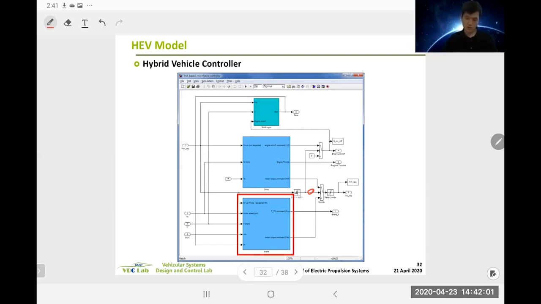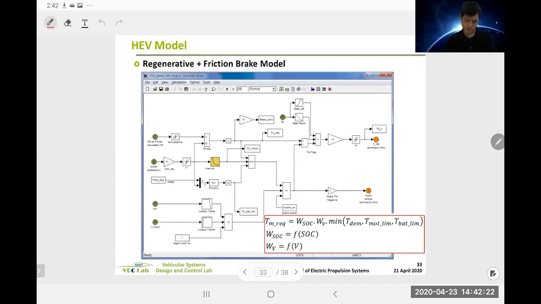So we need a braking module, braking controller to blend regen motor-based recuperation power and friction brake power, right? And this is how it looks like. It looks complex, but it's quite simple conceptually.